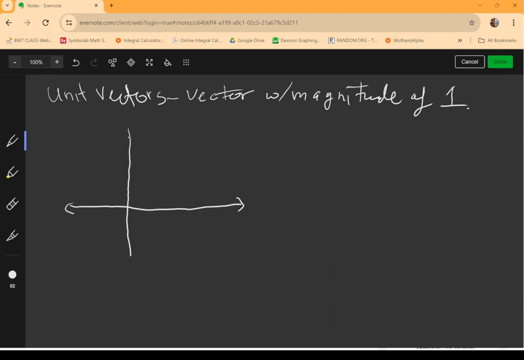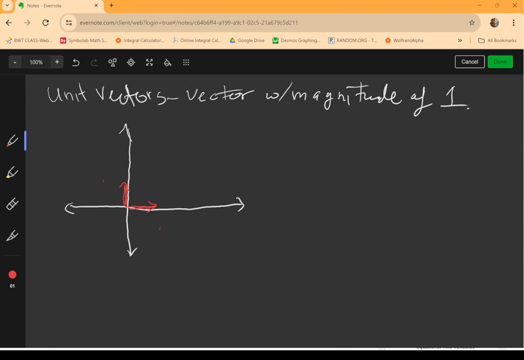Here we're going to start taking a look at two very famous unit vectors. They show up in different applications, and they are the vectors called I and J.